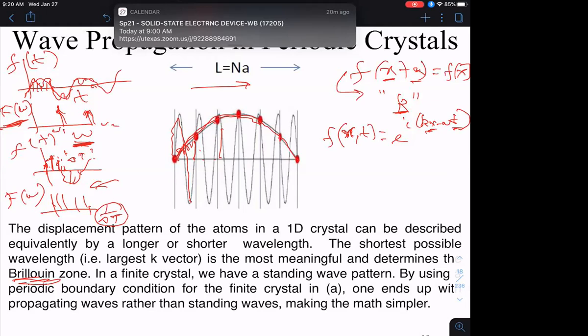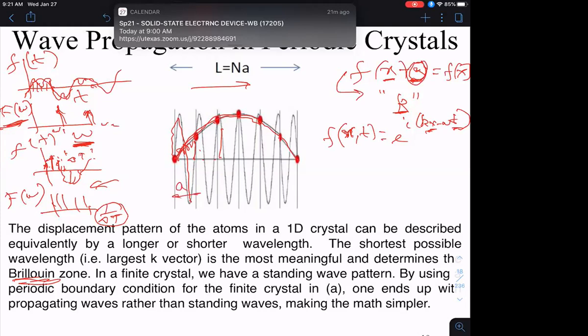Now, one final thing before I leave this, and this is all meant to be a preview: it turns out when we do our mathematical description of wave propagation in a crystal, we'll end up having 2 levels of periodicity. The first level of periodicity is due to the periodicity of the crystal itself, where I have a lattice constant of A. So A is your lattice constant between neighboring atoms, okay?